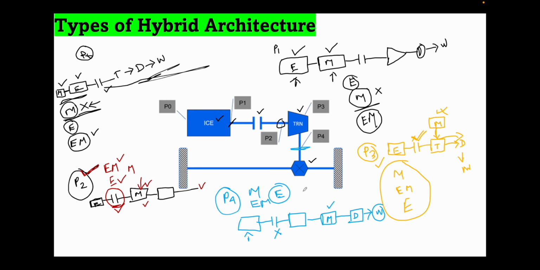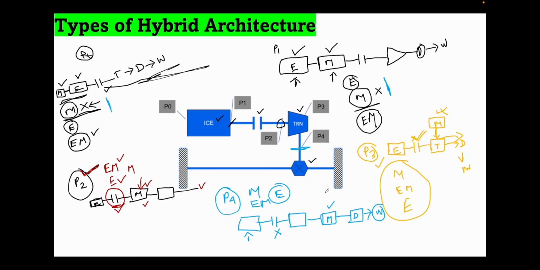So we have seen there are many advantages and disadvantages. Only motoring mode is not possible in P0 and P1. As you can see, there is no disconnection possible between the E machine and the engine. And here also the same case. Along with that, we already have three more architectures.